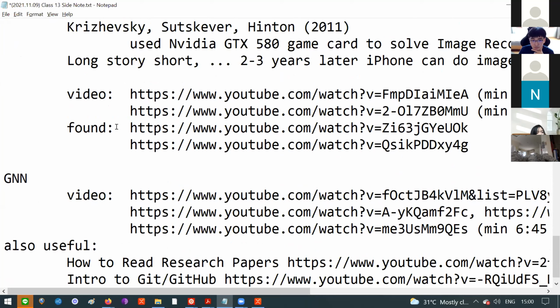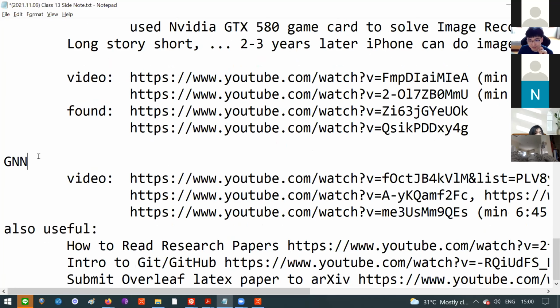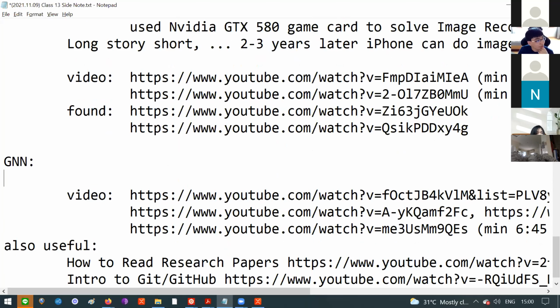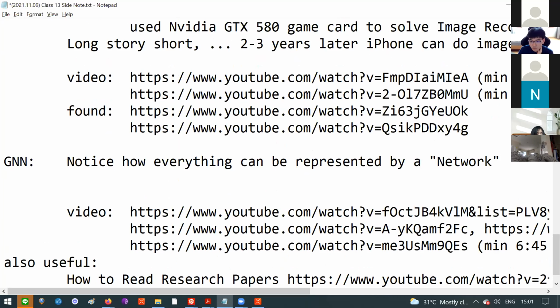Now, I only have like 20 minutes to cover this thing, and this is bigger than anything else that came before it. So this thing is called GNN. Notice how everything can be represented by a network. Right?